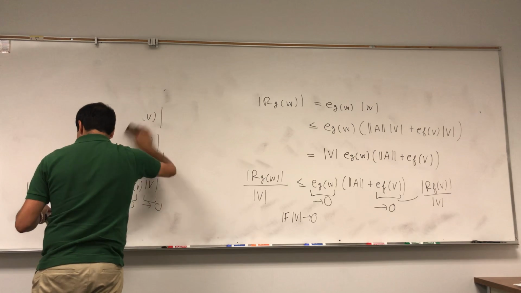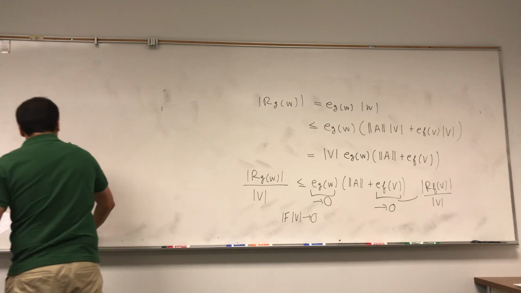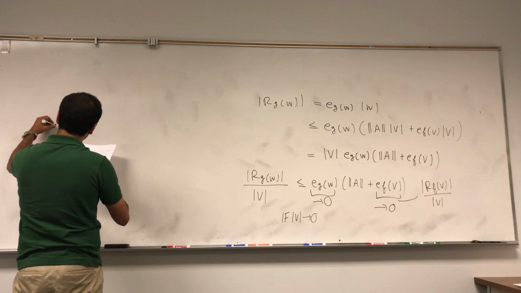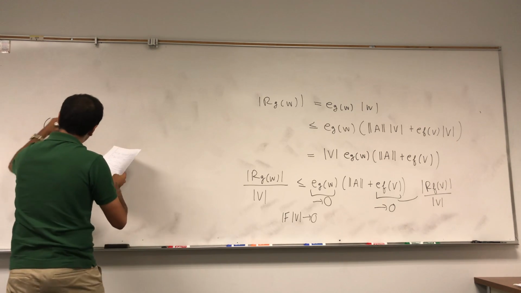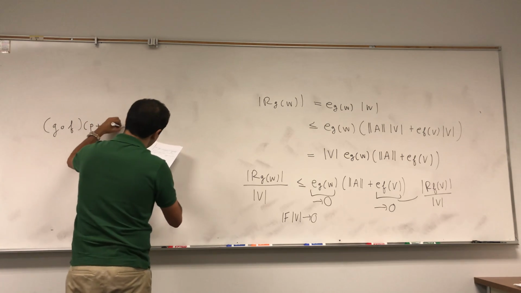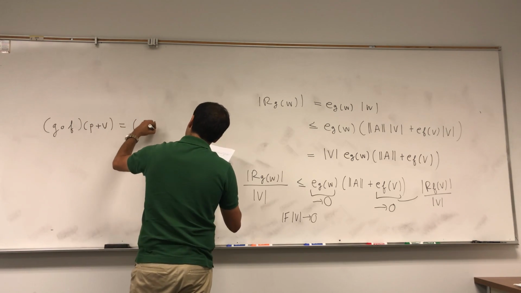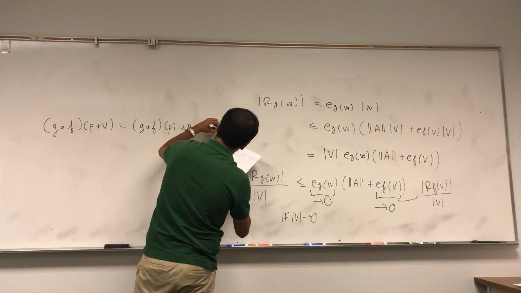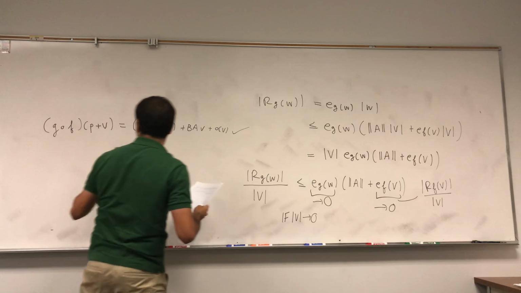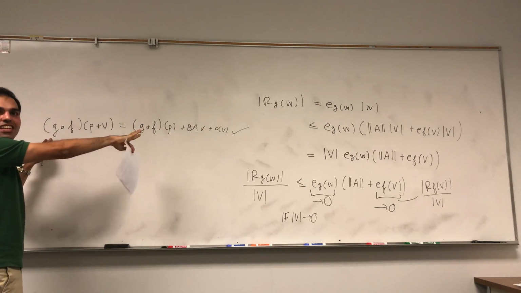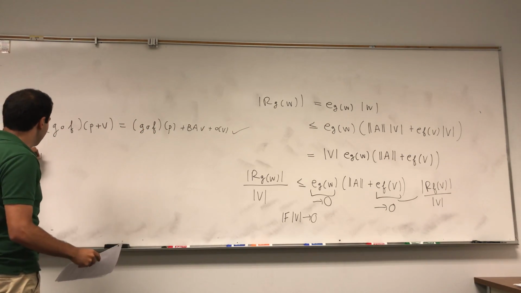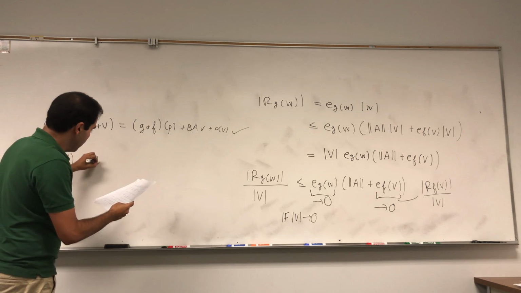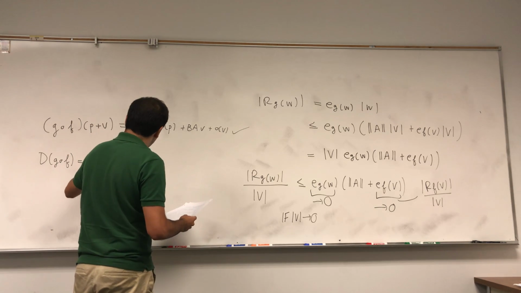And this is fantastic, because what have we shown then? If we put everything together, we get g composed with f of p plus v. Indeed, we have g composed with f of p plus BAv plus a sublinear term, which says, by definition of this total derivative, that the derivative of g composed with f is BA, which is dg composed with df.